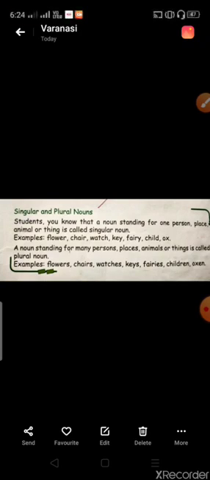Examples: flower, chair, watch, key, fairy, child, ox. Now plural nouns. A noun standing for many persons, places, animals or things is called a plural noun. Examples: flowers, chairs, watches, keys, fairies, children, oxen.